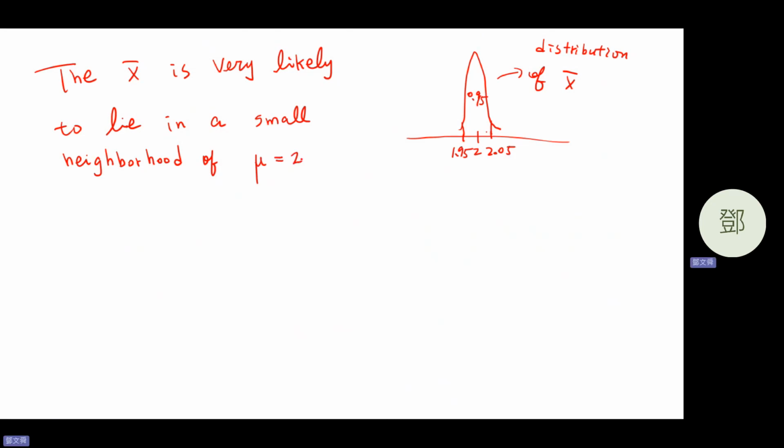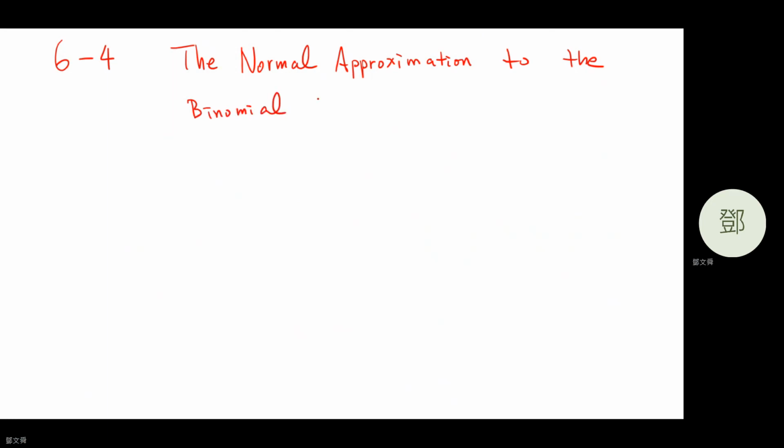All right? Okay. So next subsection here, 6-4. The normal approximation to the binomial distribution.